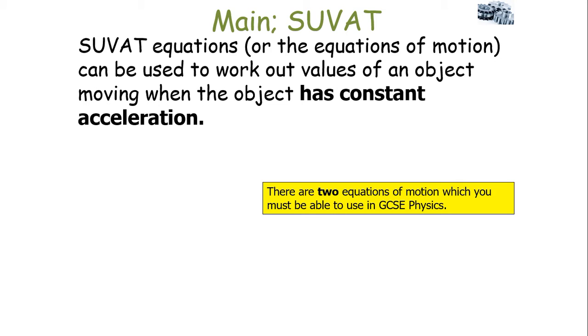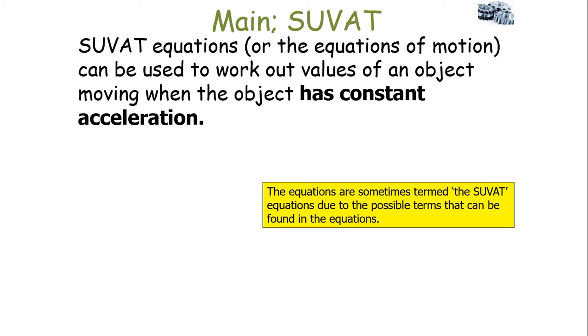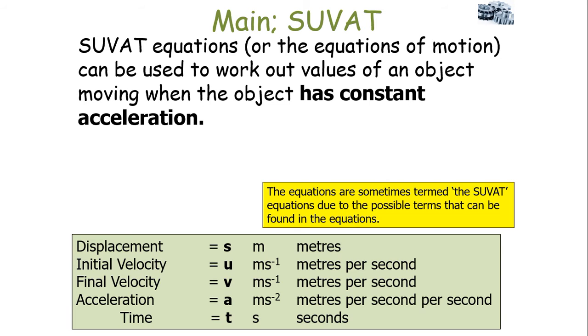Now there are 2 equations of motion which you've got to be able to use in GCSE physics. As I said before, these are termed the Suvat equations due to the possible terms that can be found in these equations: s displacement, u initial velocity, v final velocity, a acceleration, and t time.